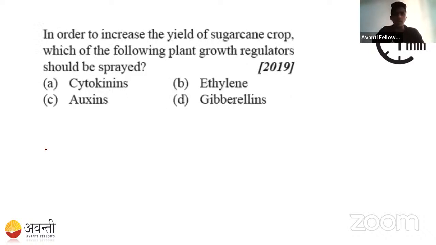Next one. In order to increase the yield of sugarcane crop, which of the following plant growth regulators should be sprayed? I will launch the poll again. You have 1 minute to solve the question. To enhance the yield of sugarcane, which of the plant growth regulators are used or sprayed?